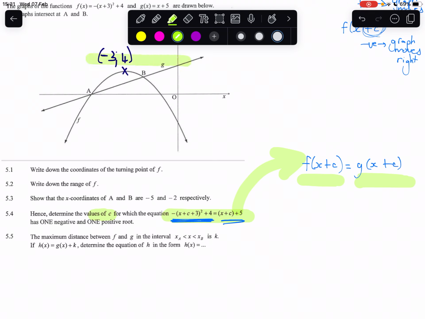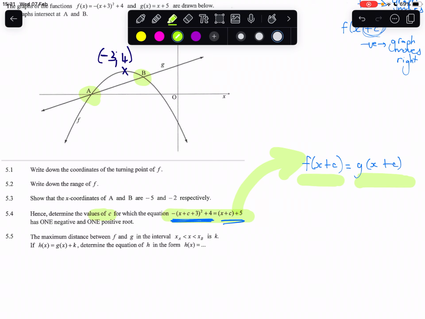So pretty much we're taking this whole unit and we're either moving it to the right or to the left, right? And what we're interested in is how much do we need to move it by in order for the x coordinate of a to be negative and the x coordinate of b to be positive. Right now they're both negative.